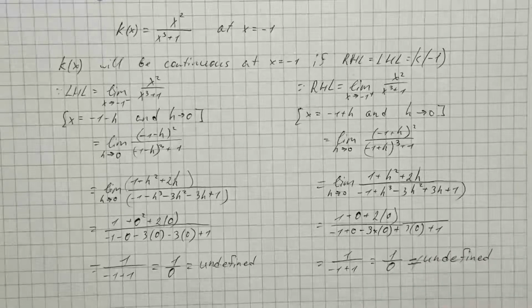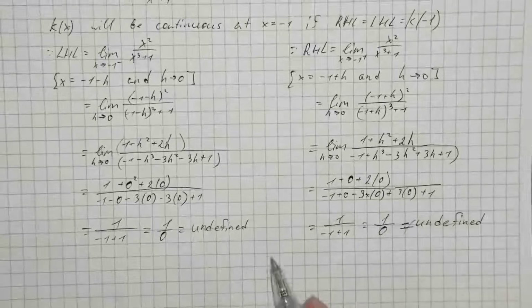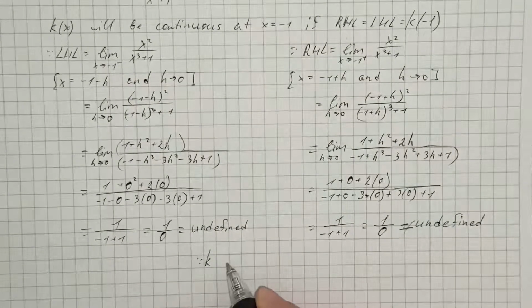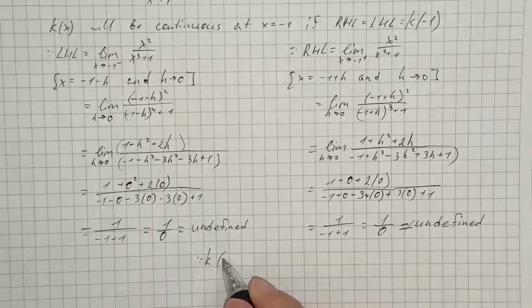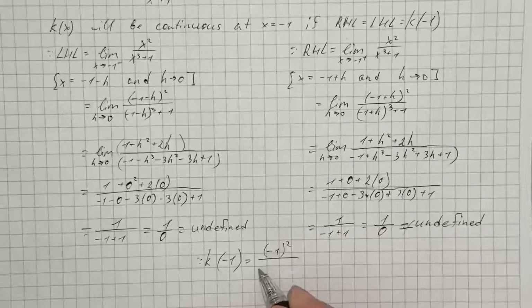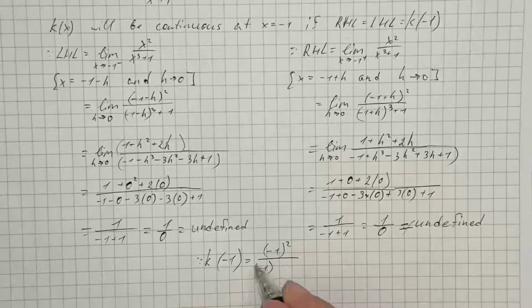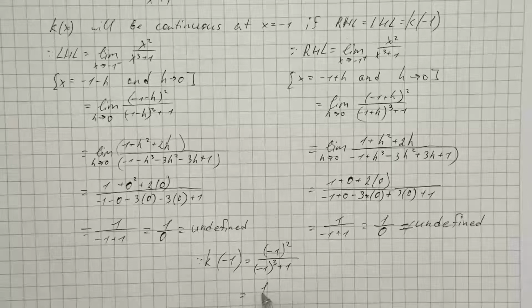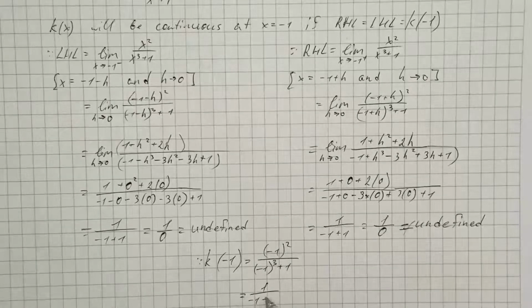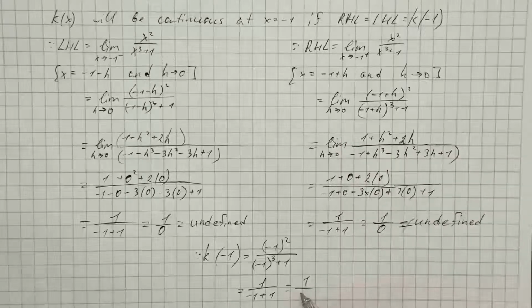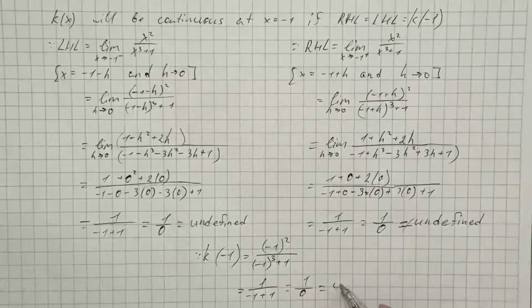And now we're gonna find the functional value at x equals -1. So that's gonna be (-1) squared over (-1) cubed plus 1. So we also get 1 over -1 plus 1, which is 1 divided by 0, and that's going to be undefined.